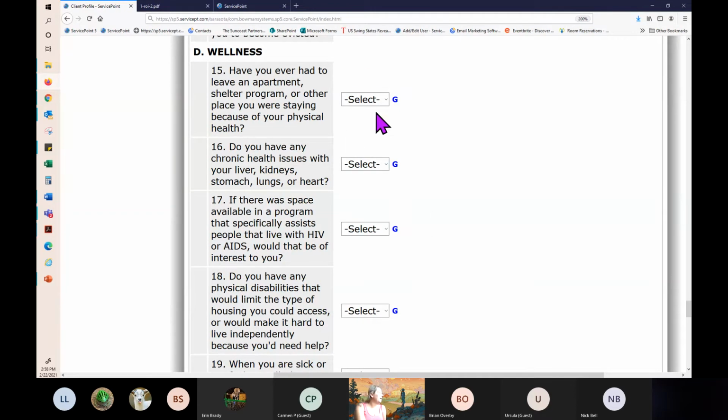There are clients that may enter the shelter and maybe their physical health is too much for them to sustain in that shelter environment. I've heard many instances in which a client has physically deteriorated by being in that shelter environment, and it's nothing against the shelter. Then once they've moved out of that shelter environment, they have improved. They're able to get that higher level of care than the shelter.